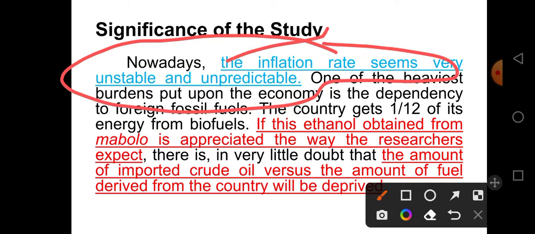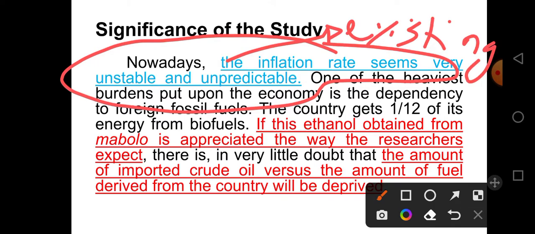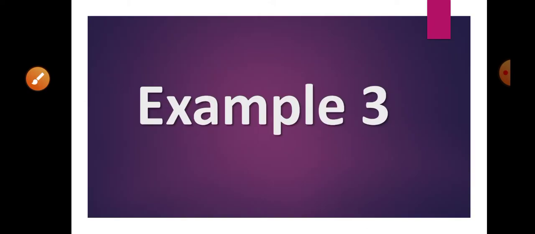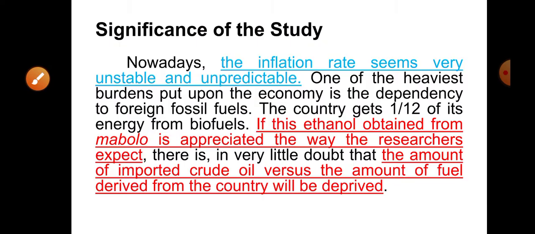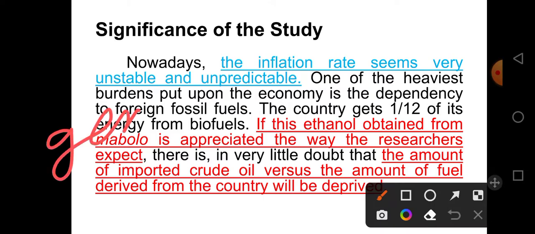Does it suggest that there is an existing problem in our community? Obviously, class, this part in blue states that there is an existing problem in our community. It stated a general problem.